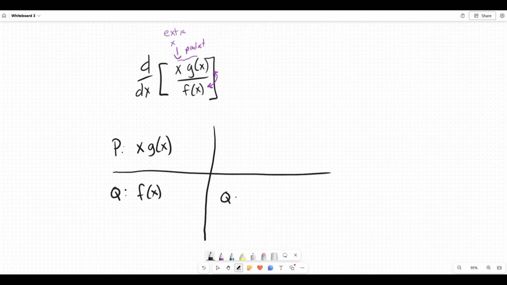Now, q prime is easy. That's just f prime. But what is p prime? We need to use a product rule. And as a reminder, we can go first and second. It's the derivative of the first times the second plus the first times the derivative of the second.